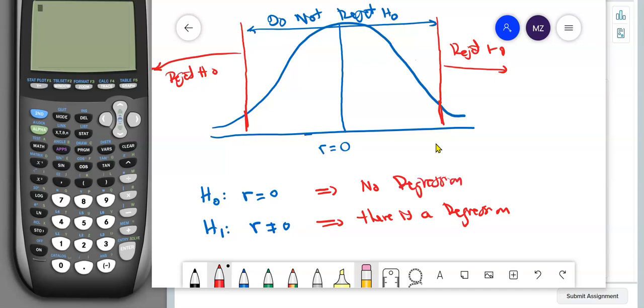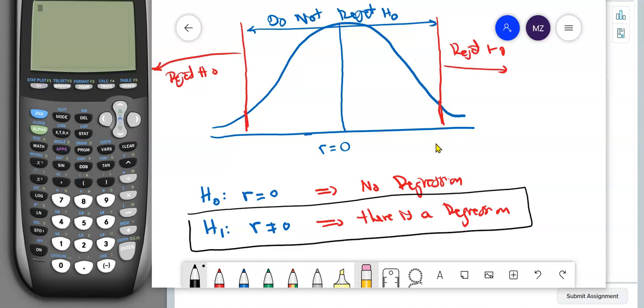And of course, if I am doing a regression scenario, I want to be in the H1. I want to have the H1 correct, right? So every time I'm doing the regression, I want my data always in here or in here. That's where it should fall.